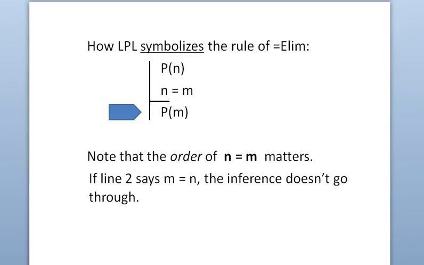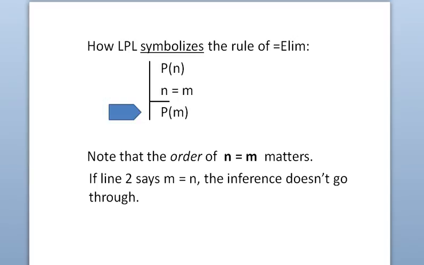That means when you've got a sentence containing n, and then you've got n equals m, you now have the right to repeat the same sentence P, but substitute m for n anywhere you want to in that first sentence.